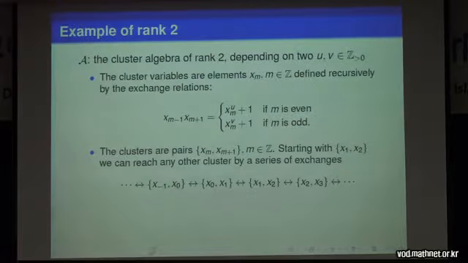Here is just an example of rank 2. For rank 2, we need to use two positive integers, u and v. Here, the cluster variables are infinitely many elements satisfying this condition.